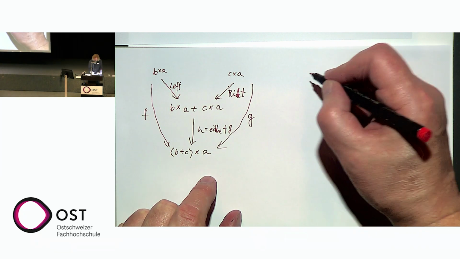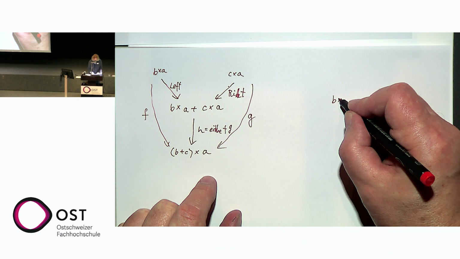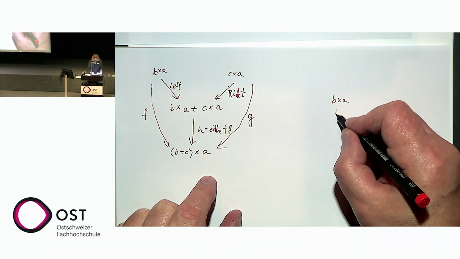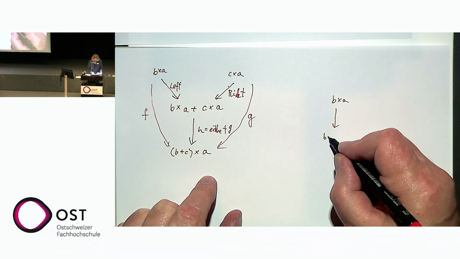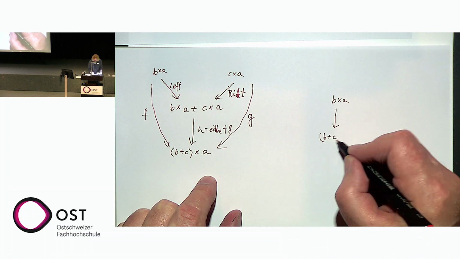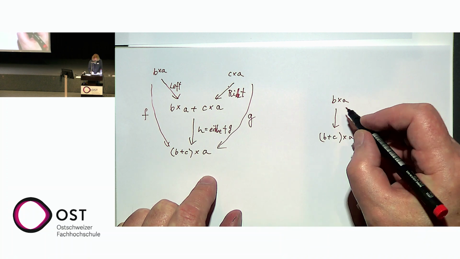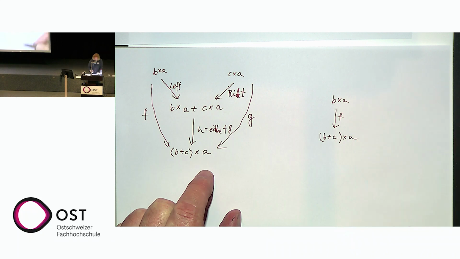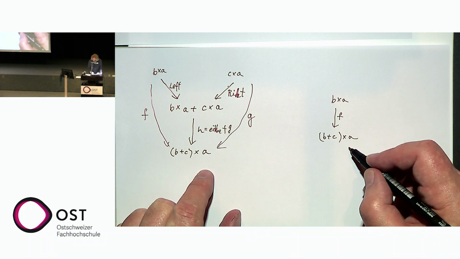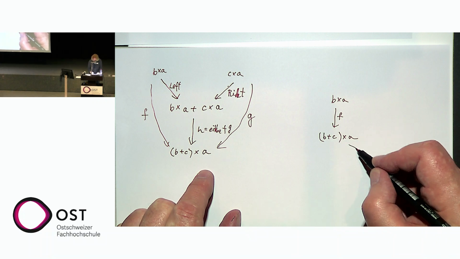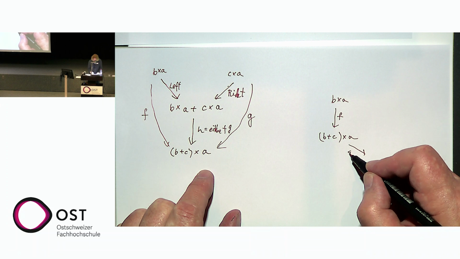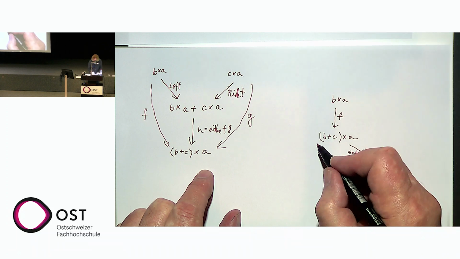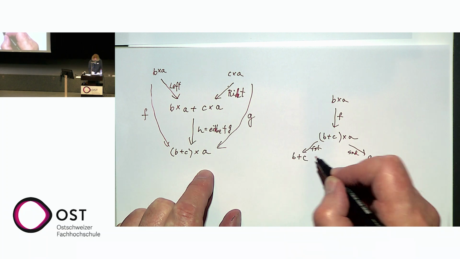Okay, so F goes from B cross A to B plus C cross A. This is F. How do I construct F? Well, this is a mapping into a product. So second gives me A, first gives me B plus C, right?